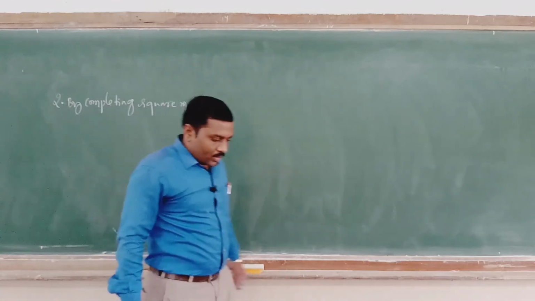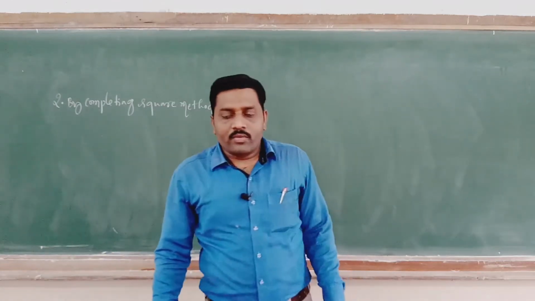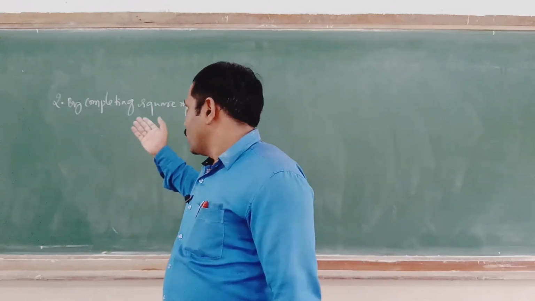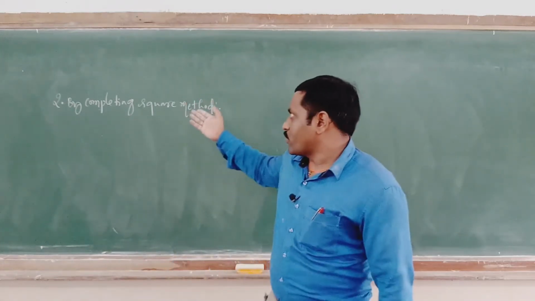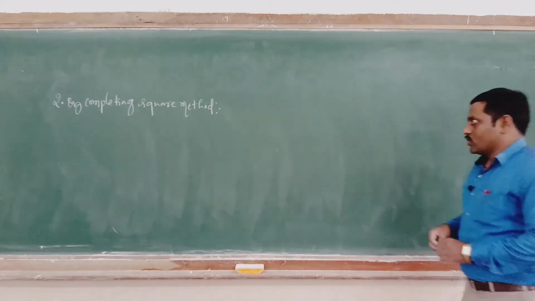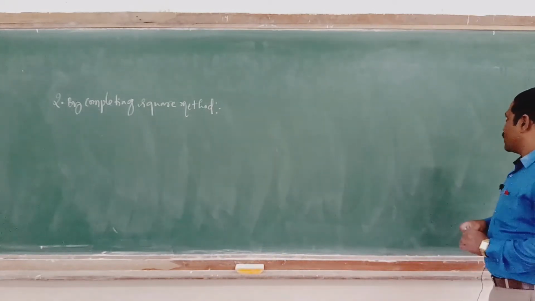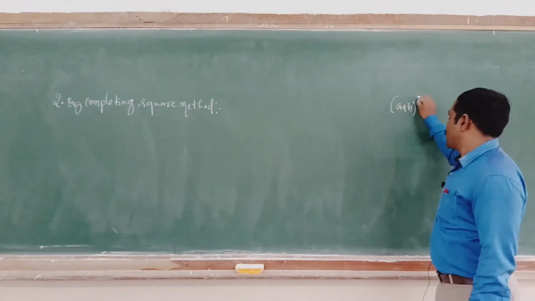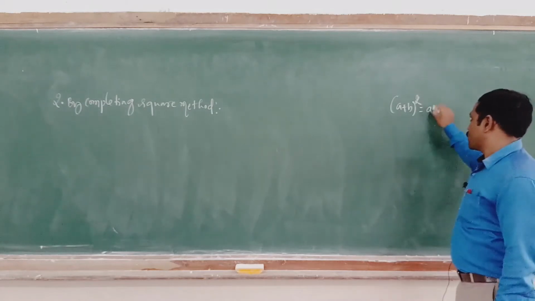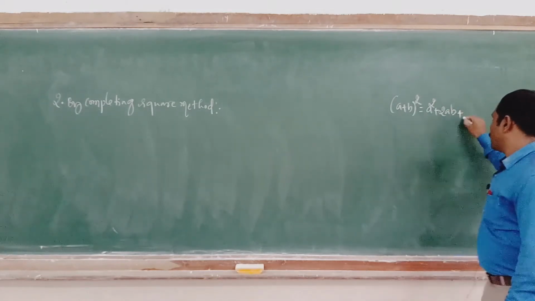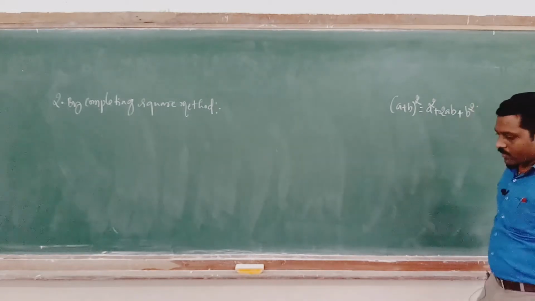Okay. So when you are going to find the solution of a quadratic equation by using the completing the square method, two algebraic formulas are very important. That (a plus b) whole square is equal to a square plus 2ab plus b square.